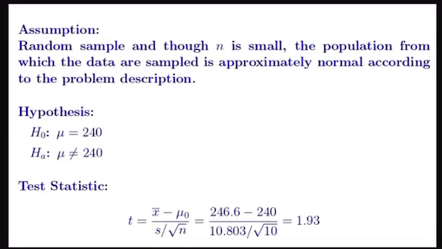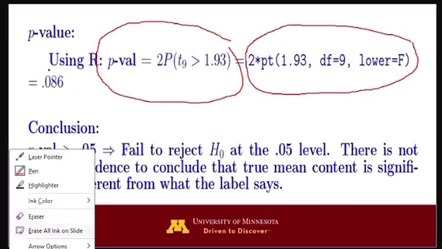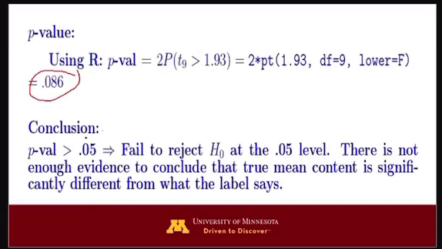I just wanted you to know that when you are working with two-sided tests. So right now, I have 0.086. Now, it is time to compare the p-value that I got with the level of significance.